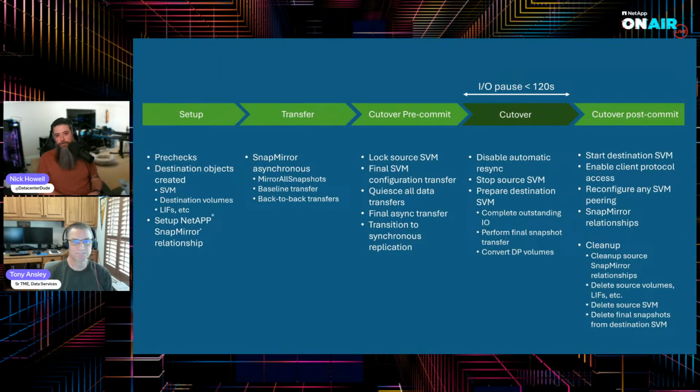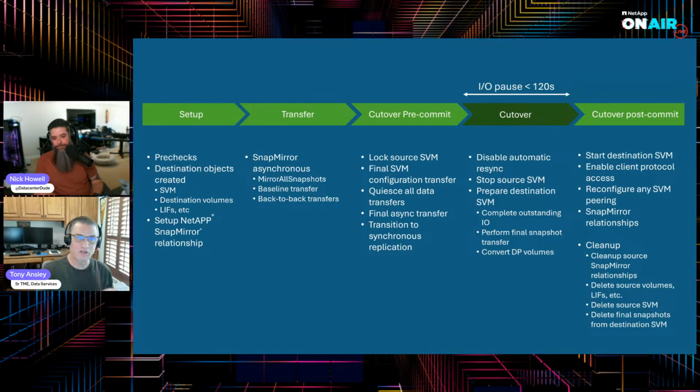This kind of tool is incredible for these things. So it's not just about migrating from a non-MCC up to a Metro Cluster system. As long as you can get your source cluster to 9.10.1, you can use this tool.